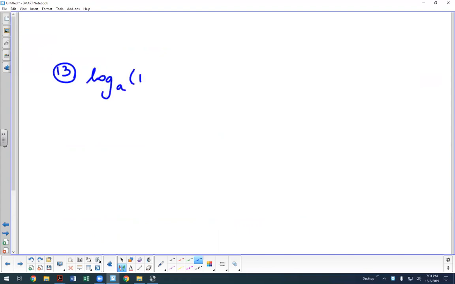It's given to us as log of 10 with base a. So if they're asking us to use log of 2 and log of 5, how can I break down the number 10? 2 times 5, yeah. So we will actually use the product rule to simplify this, since they're specifically asking us for those logarithms. So using the product rule, what do I do next?